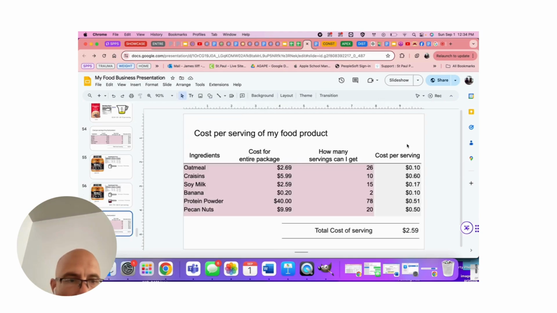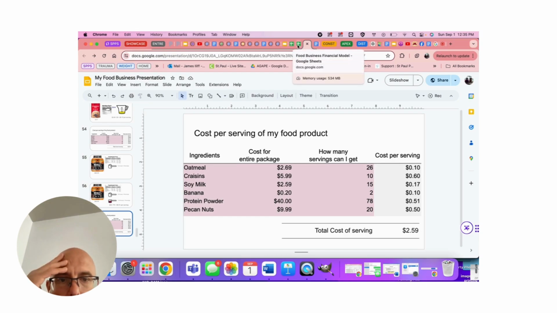So when you go through your recipe and add all the ingredients you use, you find out how much it costs per package and how many servings you can get per package. Then all we have to do is add up the cost per serving. So you just take 10 cents plus 60 cents plus 17 cents plus 10 cents plus 51, and it'll add it up for you. And it'll say, to make this one recipe, it's going to cost you $2.59 or whatever yours is.